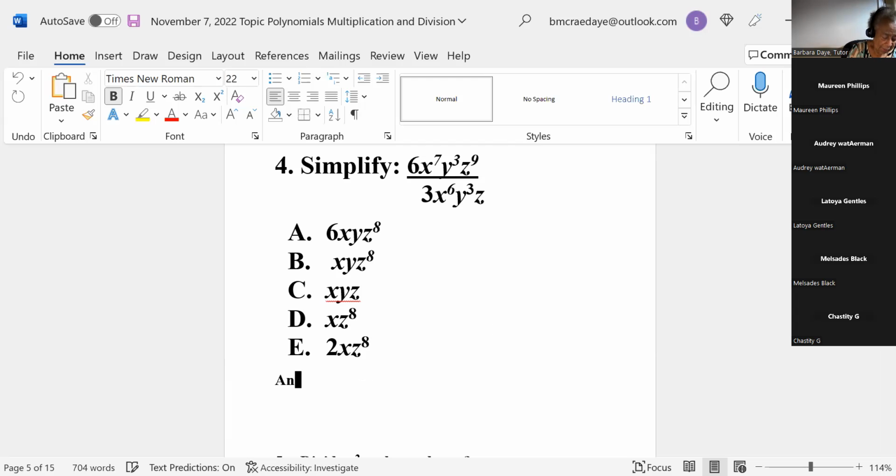Anybody does not understand how we got that E? I don't understand how you get the 8, miss. Audrey, you want to tell her how you got the 8?